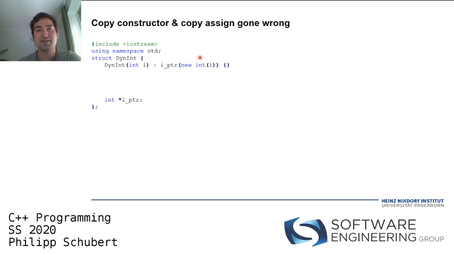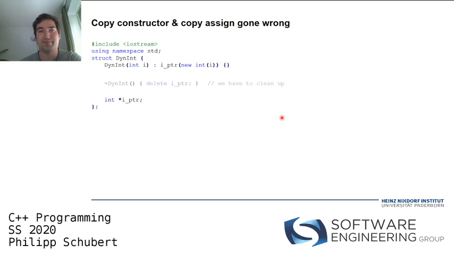So new int, so we allocate an integer on the heap and initialize that heap allocated integer with whatever the user provides as an argument to the constructor. So we use the value provided by the user to initialize our heap allocated integer piece of memory. And the address of that heap allocated memory we store in the variable iptr, which is a pointer variable.